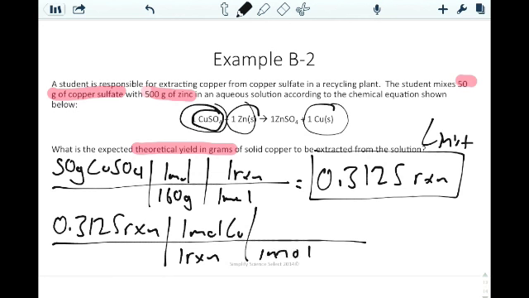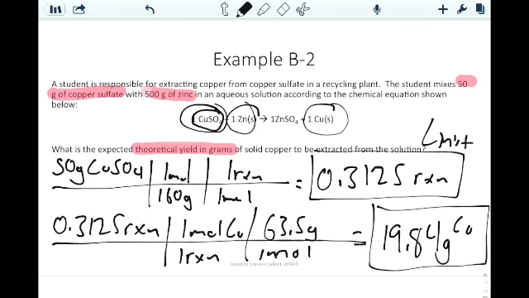So 1 mole, and we look at our copper, which is around 63.5 grams. Go ahead and multiply that out, and we should get something right around 19.84 grams of copper, and that would be our theoretical yield.